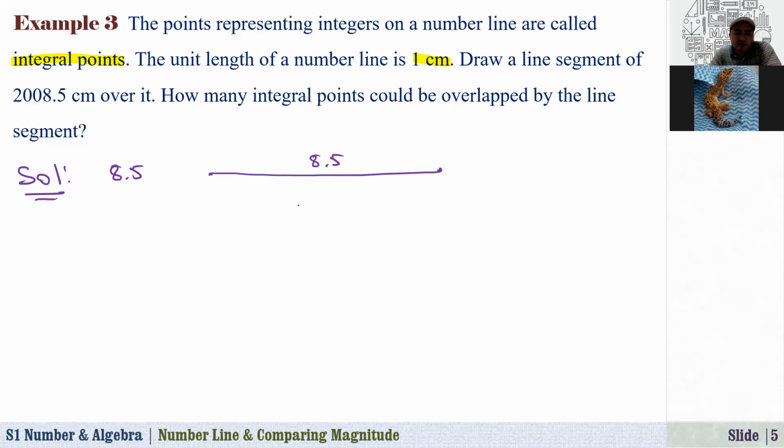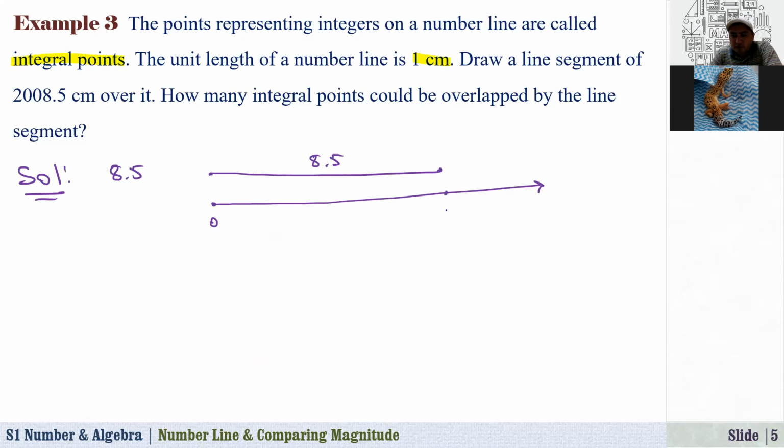If I put this on the number line, how many integral points could be overlapped by the line segment? It depends on how you put it. Maybe starting from 0, one end overlaps the starting point 0. So this one is 0, and this point will be 8.